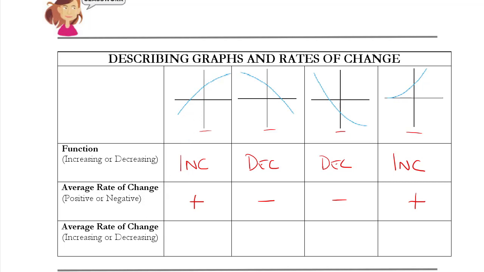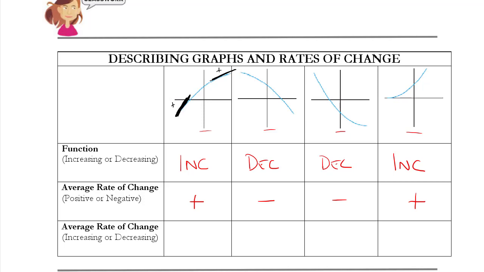So let's just do this real quick. In this example, an average rate of change on this part of the graph could look something like that, and on this part of the graph it could look something like that. And so you want to ask yourself, the slope of this line, which is average rate of change, is positive, and the slope of this line is positive, but which one is more positive, right?